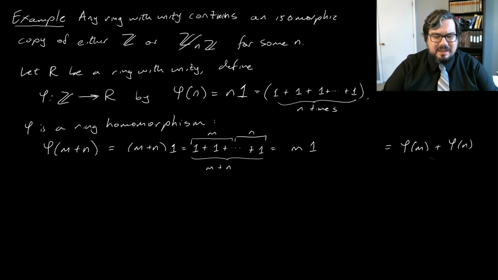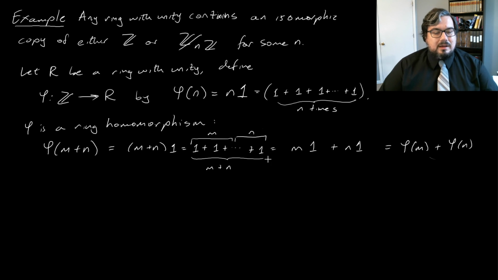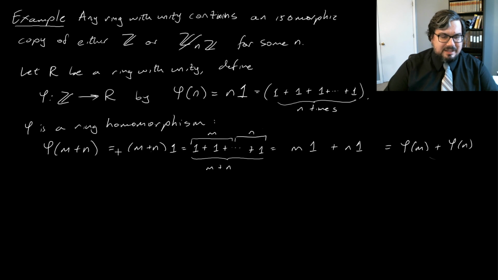So this is the same as m times 1 plus n times 1, which gives us phi of m plus phi of n. Back when we defined this notation of multiplying elements by integers, we stated this relationship that the ring elements basically distribute over the integers.